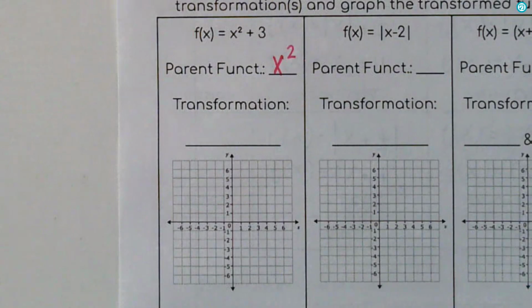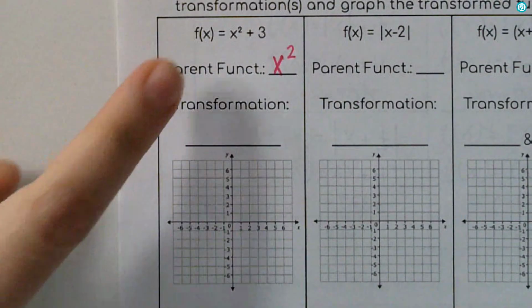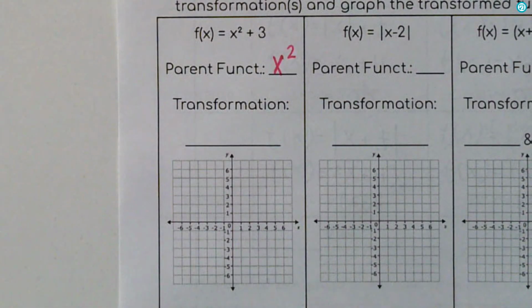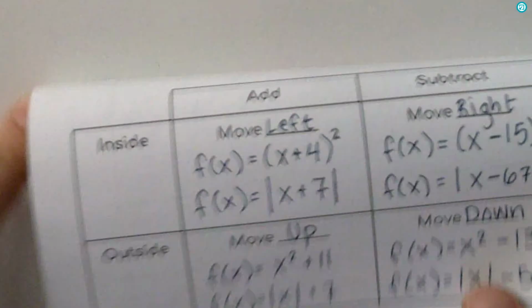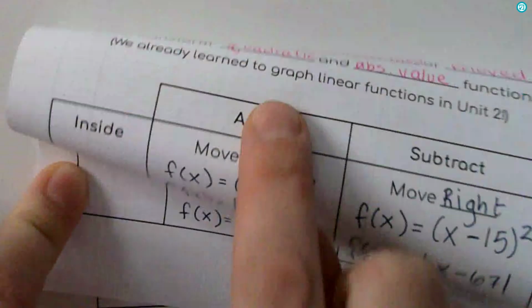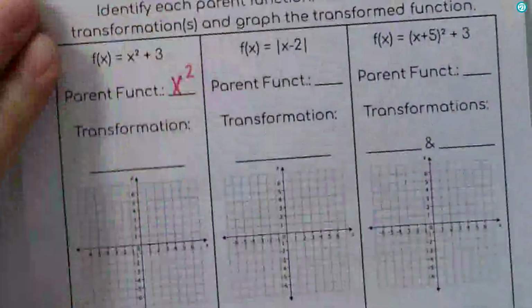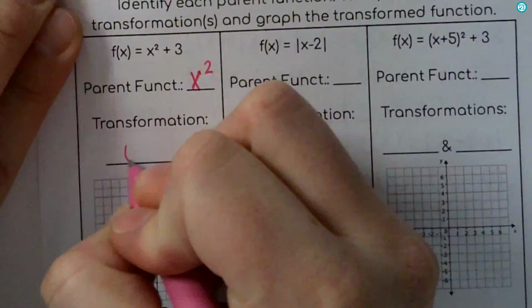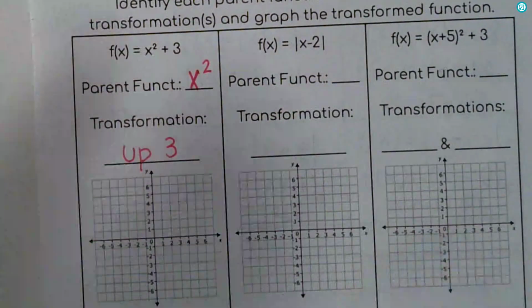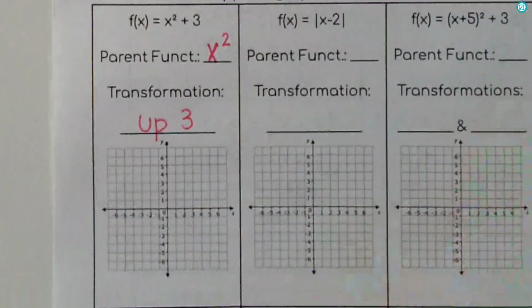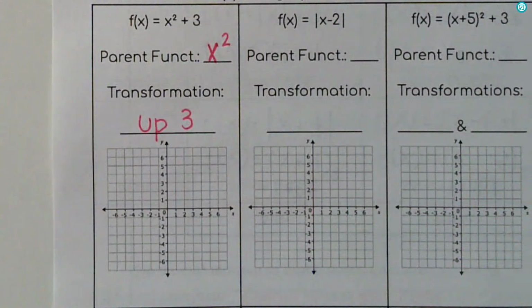Are we adding or subtracting? Adding. Is it inside my function or outside? Outside. So x squared, and then after the squared is the plus 3. If I am adding outside, I use my table, and adding outside moves me up. How much? 3, because we're adding 3.